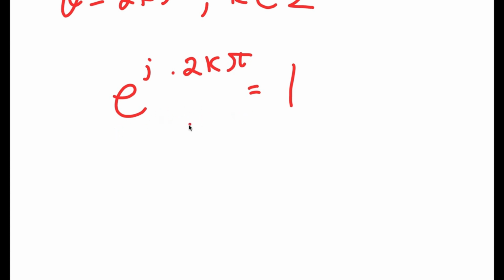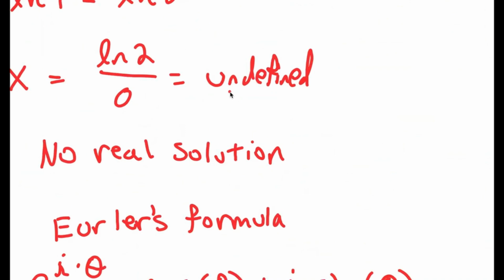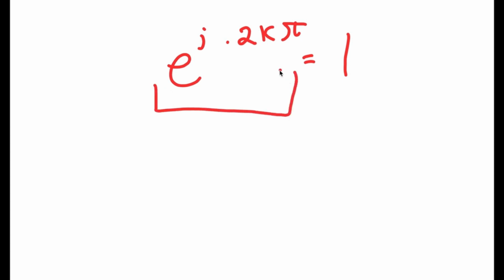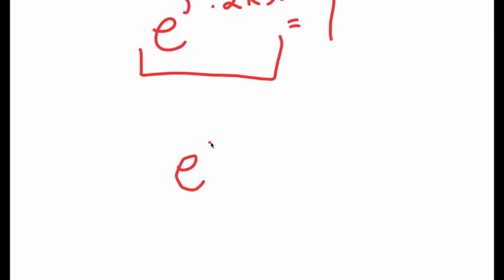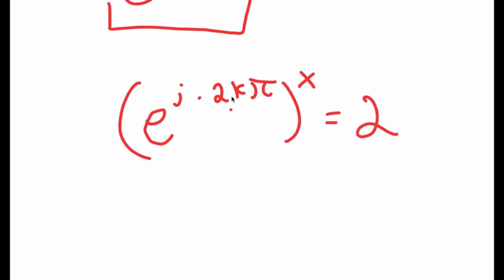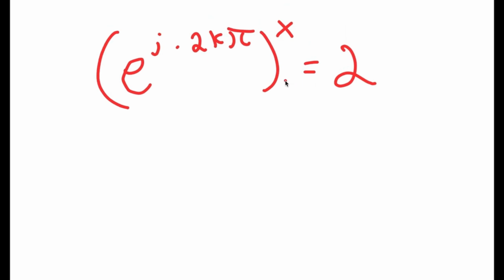Now, because this is equal to 1, we can remember our first equation, which we started with, 1 to the power of x equals 2. We can substitute in this for 1, meaning I get e to the power of i times 2k pi, to the power of x, is equal to 2. So just think of this as 1. So I have basically 1 to the power of x equals 2. And now with this, I'm going to take the ln or natural log on both sides.